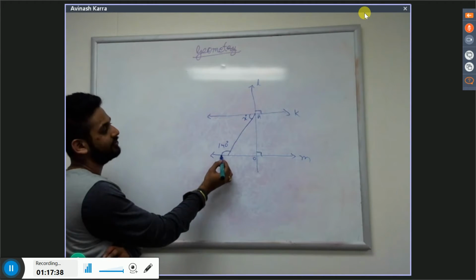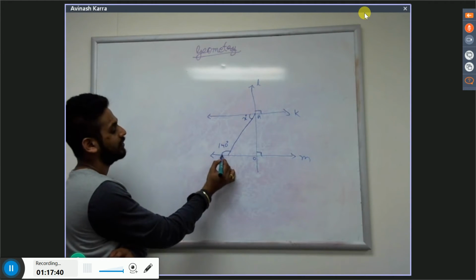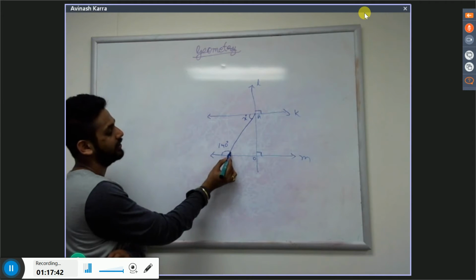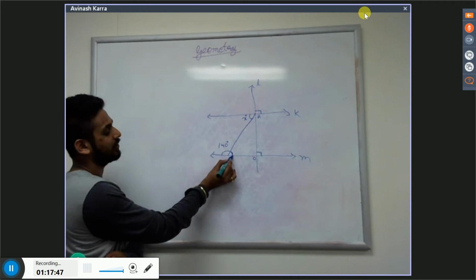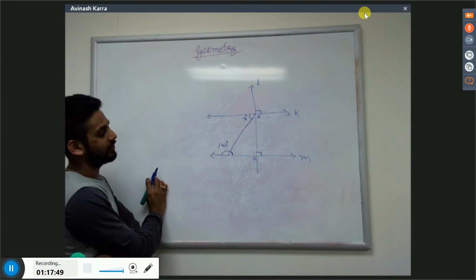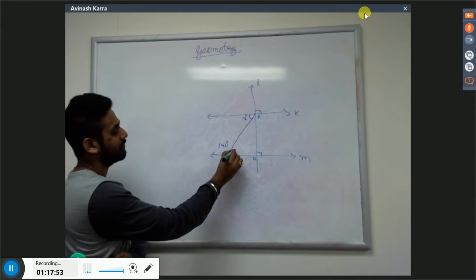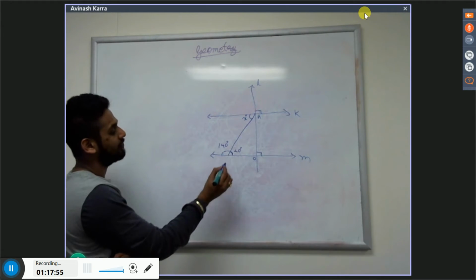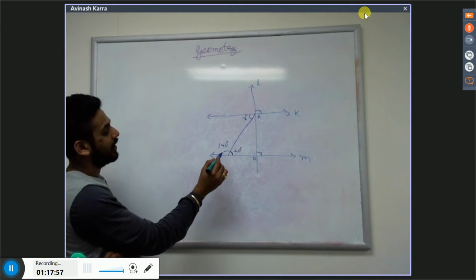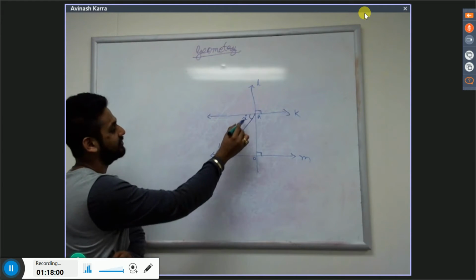See, first, this angle is 140, right? So what will be this angle? 180 minus 140 is 40. 40 degrees, right? And what are these angles?